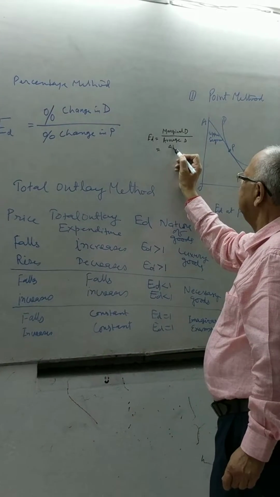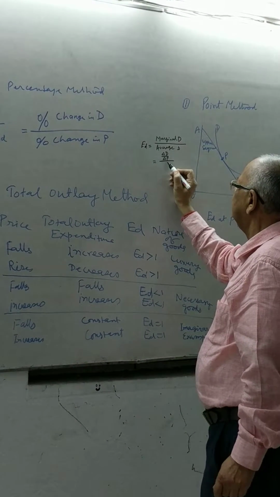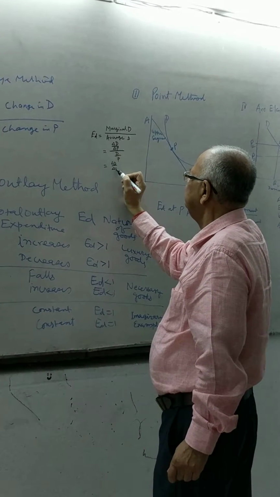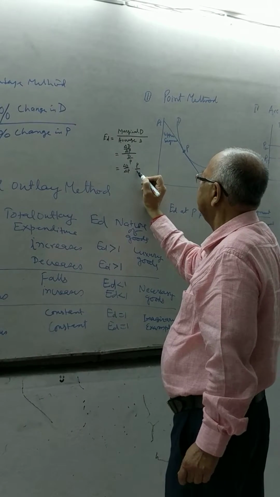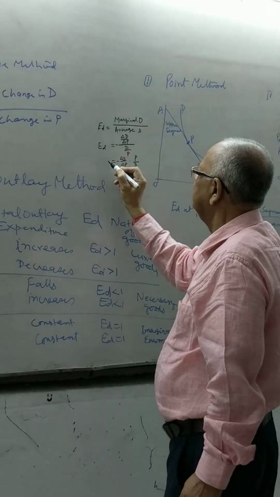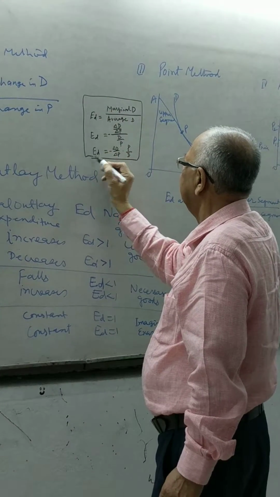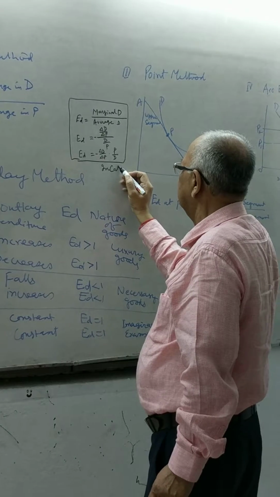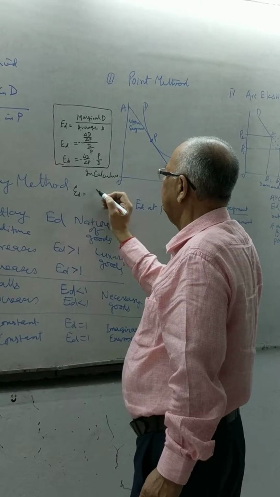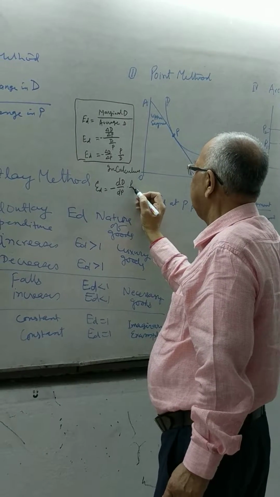Marginal demand is delta D by delta P, average demand is D by P. So it is minus delta D by delta P into P by D. This is elasticity of demand. In calculus, elasticity of demand will be equal to minus dD by dP into P by D.